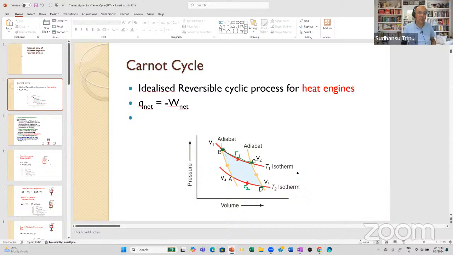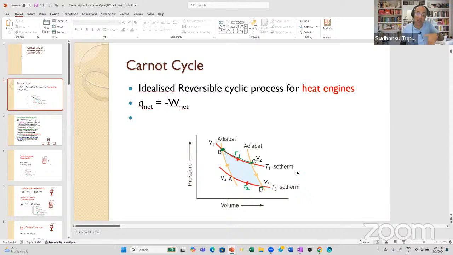Suppose Q1 amount of energy is absorbed by the system from the hot source, which is at temperature T1. And it goes to temperature T2, which is called the cold sink, where some amount of heat it will throw. It cannot consume all Q1 amount of heat to perform work.